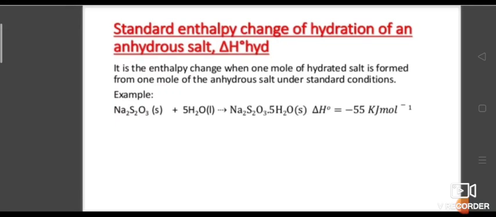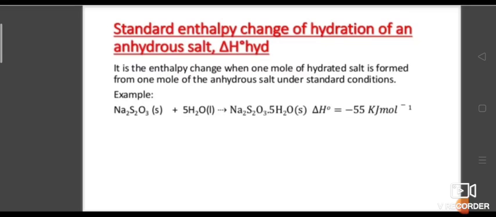Electron gain enthalpy occurs when 1 mole of an atom is converted to its anion. When it gains an electron, it is known as electron gain enthalpy. Ionization enthalpy: if an electron is removed from an atom, it changes to a cation. Then it is known as ionization enthalpy.